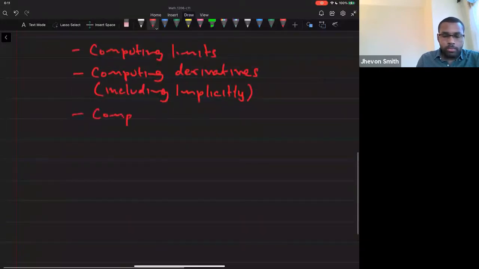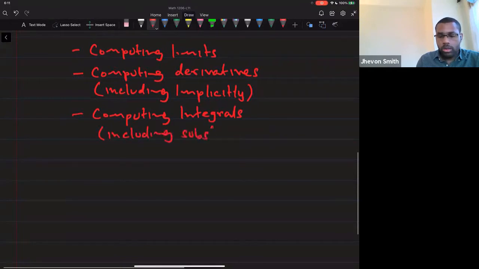Computing integrals, including substitution.